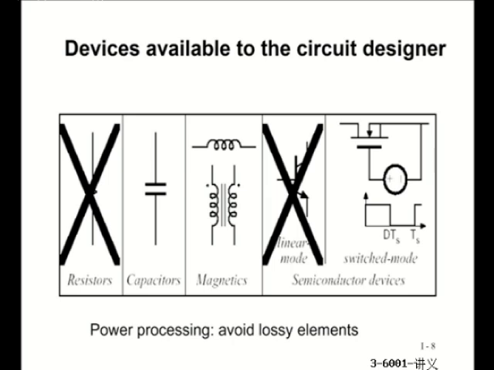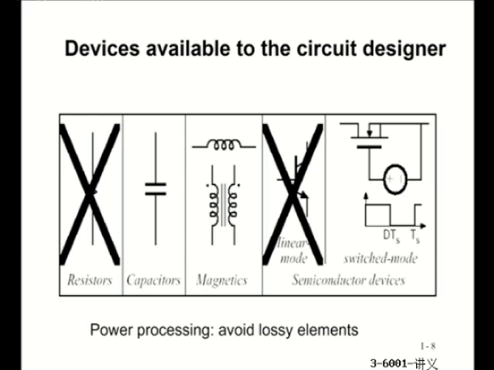Under switching mode, the power losses on the semiconductor devices would be nearly zero, because they work like a switch. When the switch is turned on, the voltage across the switch is nearly zero. When the switch is turned off, the current flowing through the switch is nearly zero.